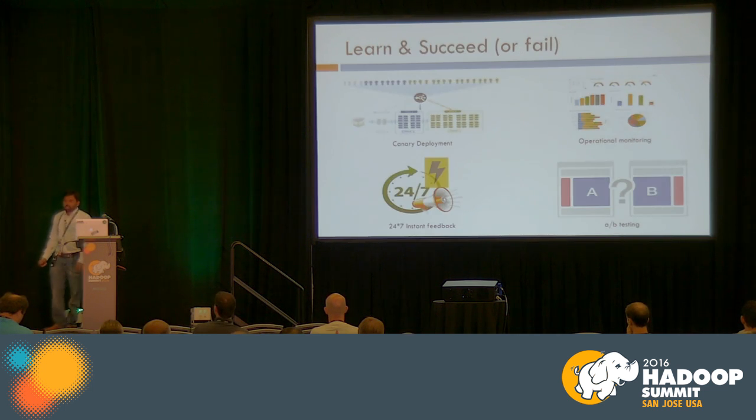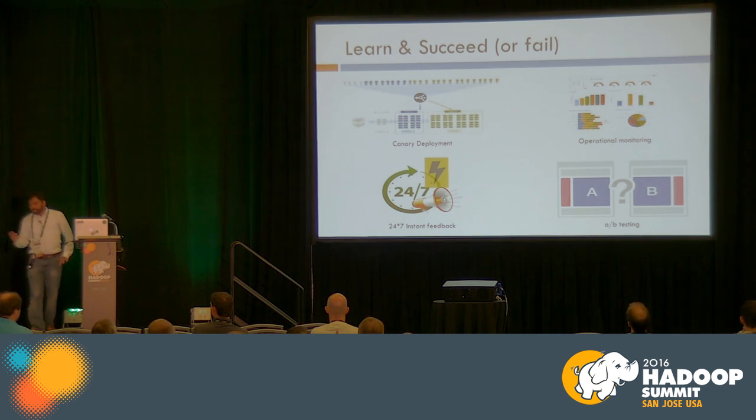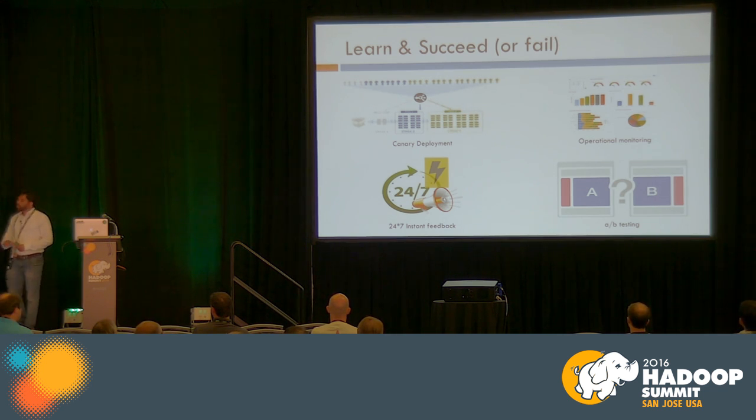And the next thing is learn and succeed, or fail fast and learn, whatever the case is. I'll touch a little bit on canary deployment here. Canary deployment is where you have stages of servers, stages of clusters of servers. So the stage 1 is really a stepping stage.